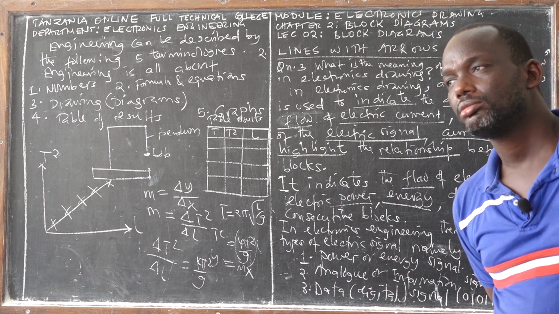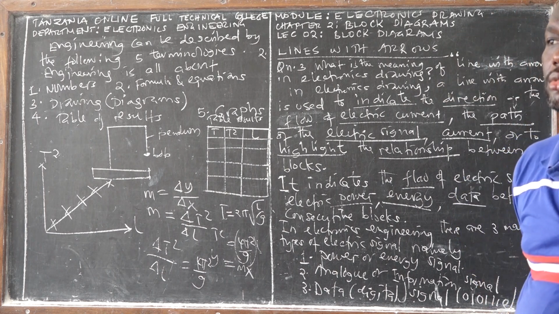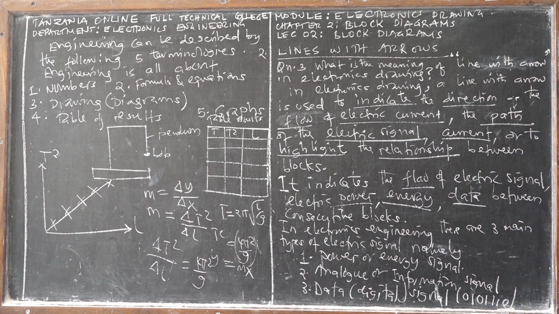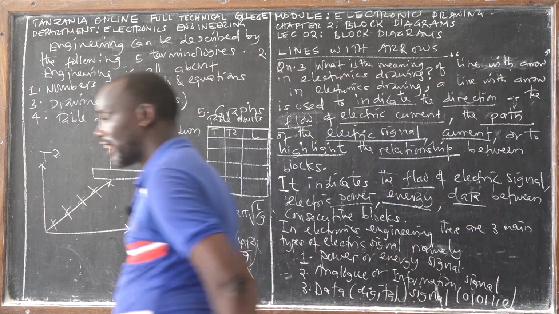No. They are completely different. So what's your question? How do they resemble? I didn't say that they resemble. These are the 3 different signals. Sometimes the nature of the power signal, the nature, not the magnitude, and the nature of the analog signal might be the same, but not the magnitude. Class, is it clear?